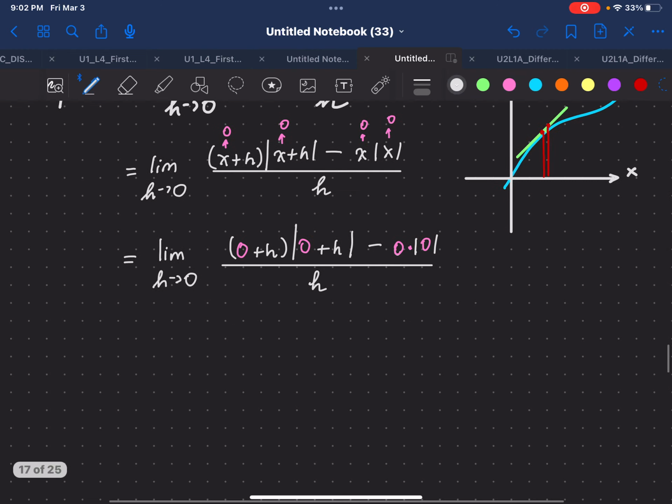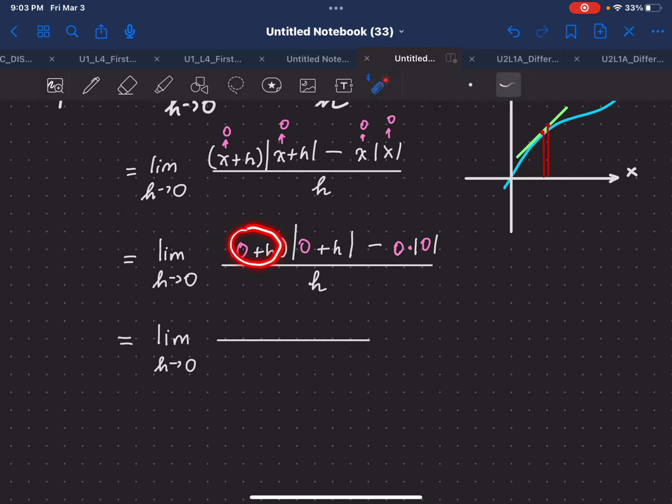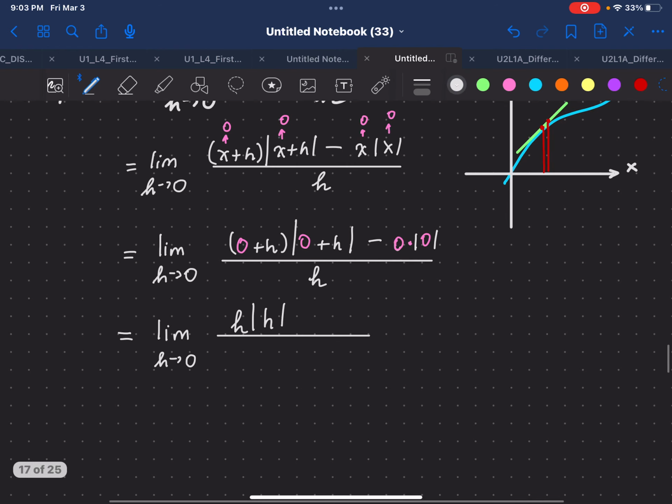Let's see how this simplifies. So we have the limit as h approaches 0, fraction line. Now, if you add a 0 and h together, that will make h. Inside the absolute value, you have 0 plus h, so that will make it absolute value of h. Here you have 0 times 0, which is 0, so there is nothing to subtract here. We can write minus 0, but that won't change anything. And that is divided by h.